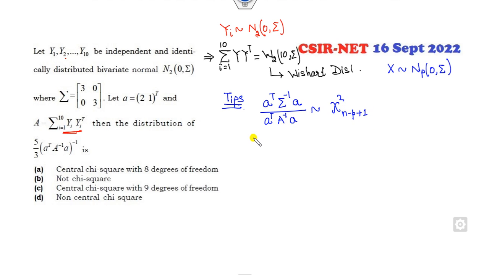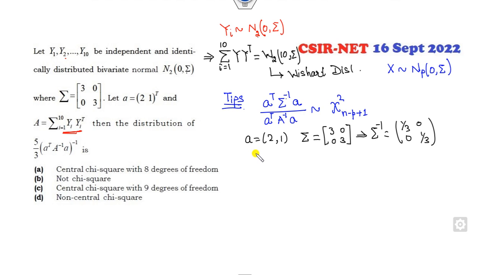So if you look here, A is (2, 1). Sigma is (3, 0; 0, 3). I need the sigma inverse. So what is the sigma inverse? It's a diagonal matrix, so the inverse of this is here.